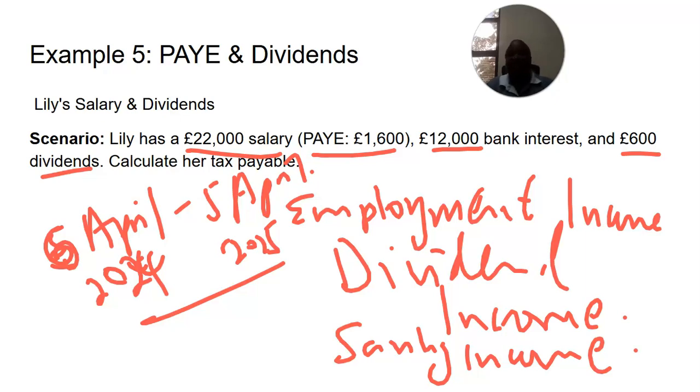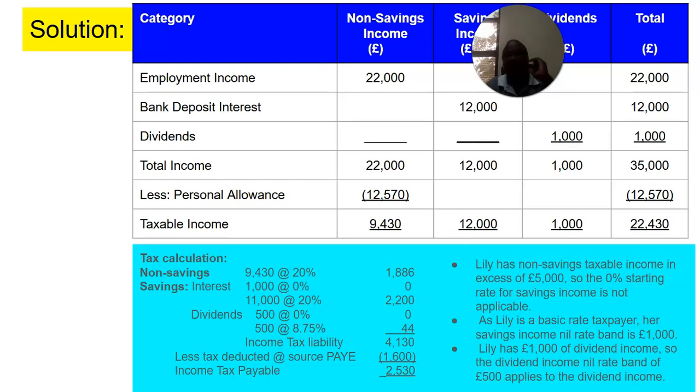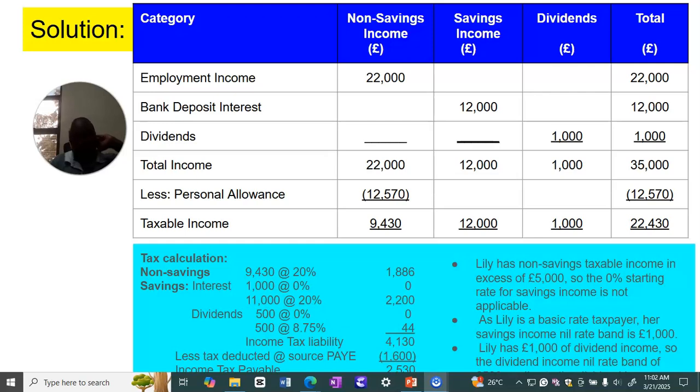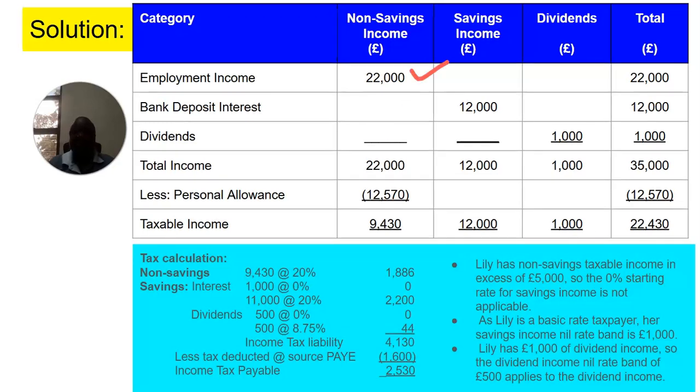All right, so our pro forma now has got 3 columns: non-savings income, which is represented by employment income. Sometimes it is represented by trading income. Then there is dividend income and savings income. So our pro forma is going to be like this. The employment income 22,000 is given in the question. Then the bank deposit interest of 12,000.